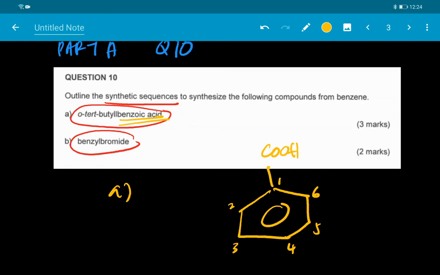And then we can see that we have a substituent at ortho, meaning that it must be positioned at the 1, 2 position or 1, 6. This is for the ortho configuration.